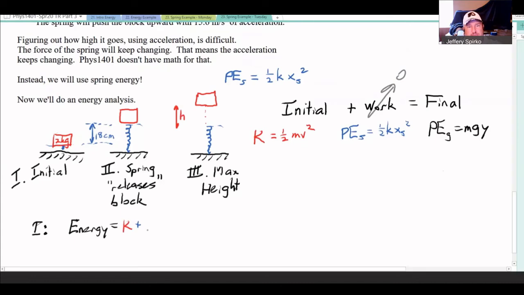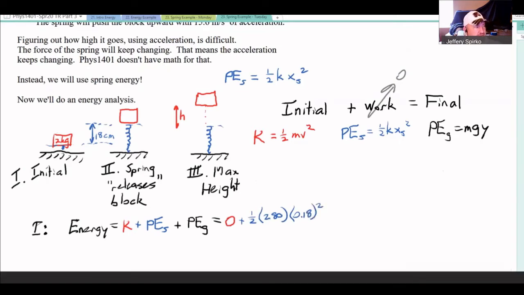We call it PE of the spring, and then plus PE of gravity equals. So in condition 1, when we first release the block, there's no kinetic energy. It hasn't started moving yet. There is 1/2 times 280 times 0.18 quantity squared of potential energy.